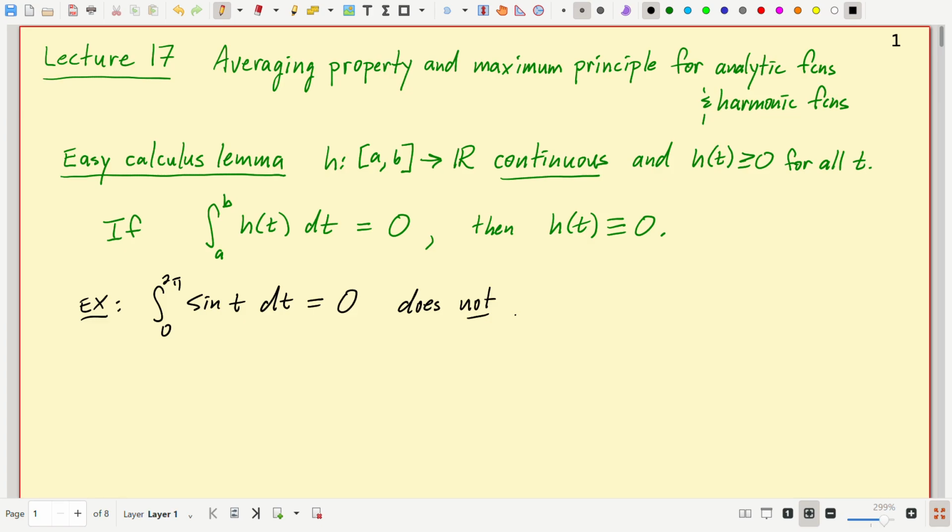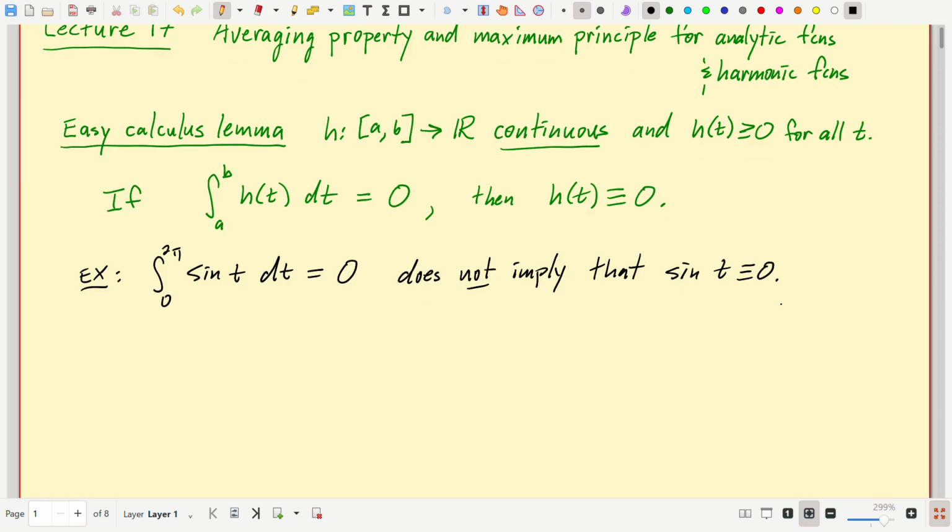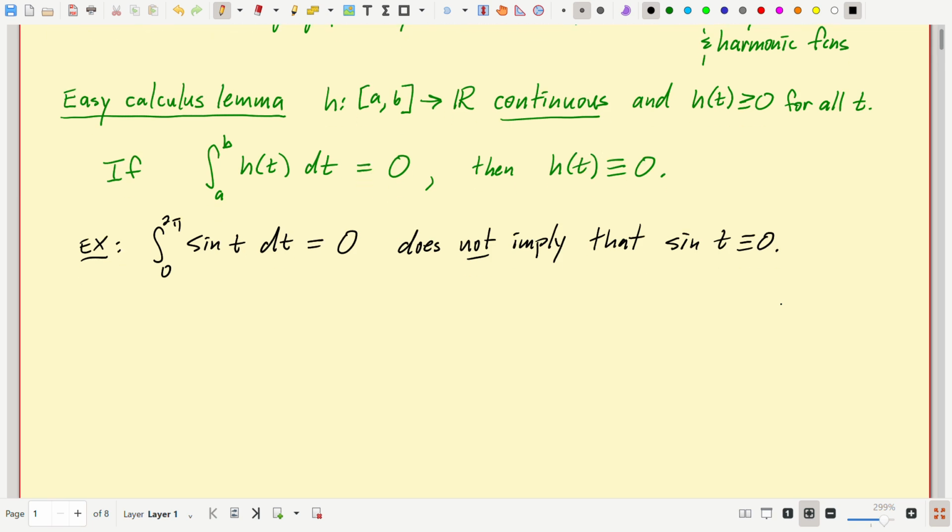It has as much area above the graph as below the graph. But if I knew in advance that the function was greater than or equal to 0, then of course that area being 0 means that the function never goes anywhere. So the proof of the lemma is pretty straightforward.